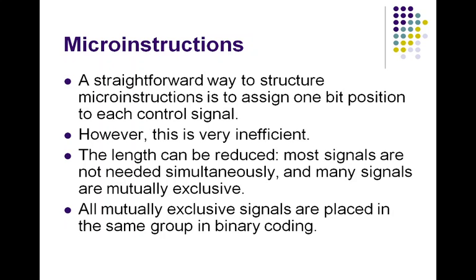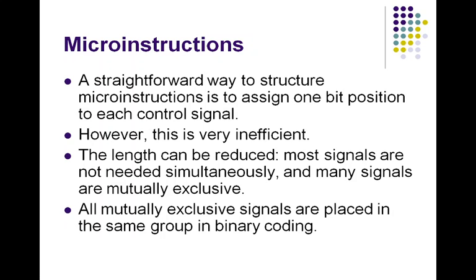For example, only one function of ALU can be activated at a time. Here, the source for data transfer must be unique because it is not possible to get the contents of two different registers onto the bus at the same time. Read and write signals to the memory cannot be active simultaneously, that we know already, right?